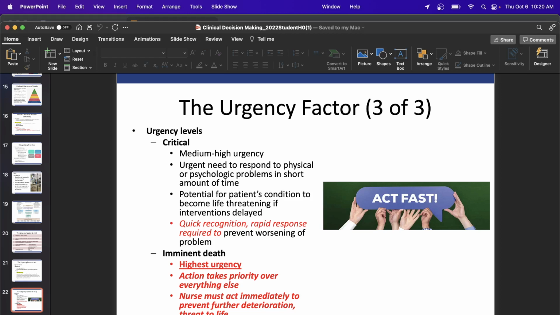So urgency levels, again, are non-acute, acute, and critical. So non-acute is that low urgency factor. Delaying care would not negatively affect the patient outcomes.